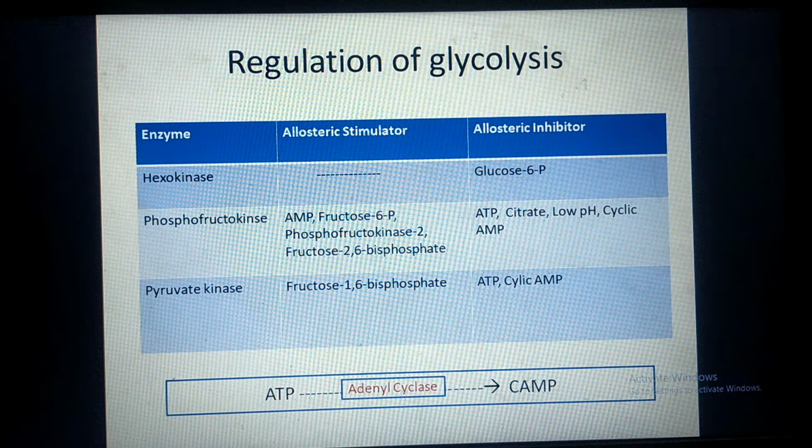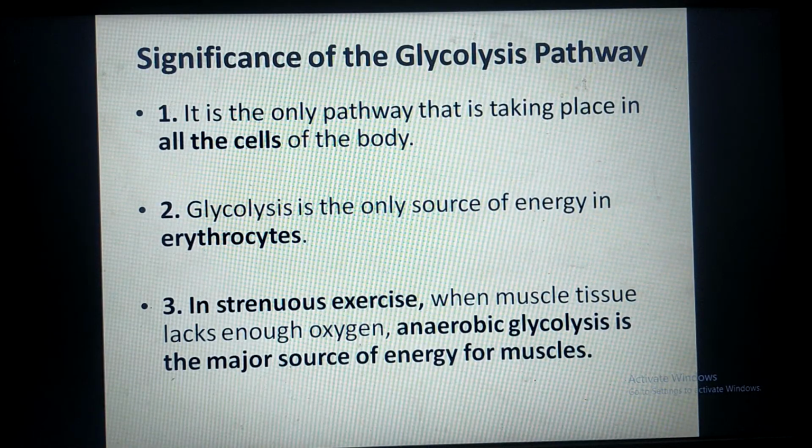So in this way, glycolysis is regulated by allosteric mechanisms. Now come to the significance of glycolysis. It is the only pathway that occurs in all cells of the body.